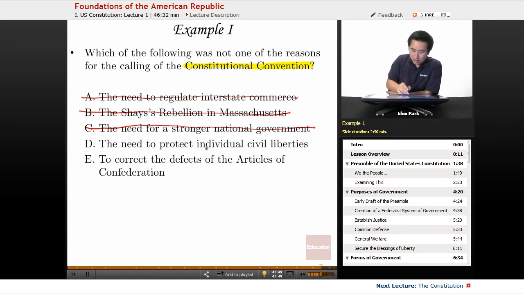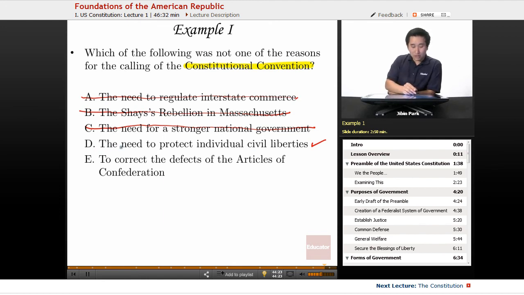The need to protect individual civil liberties. This one's kind of tricky because this happened after the Constitutional Convention convened. There's the idea that there was too strong of a national government. So after the Constitutional Convention finished meeting, there's a group of people that said that there was a need to protect individual civil liberties, but the need to protect individual civil liberties did not lead to the calling of the Constitutional Convention.